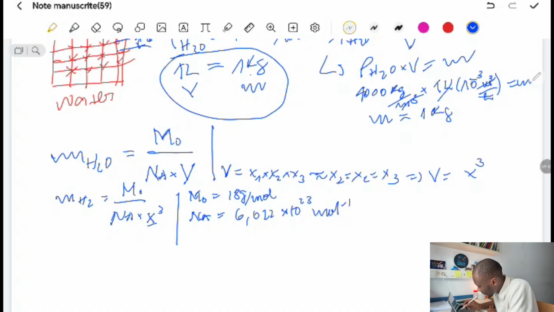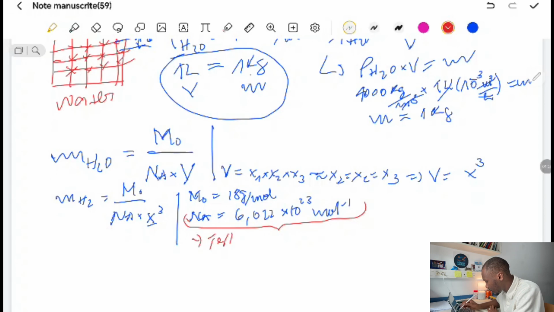Okay, a little discussion about the Avogadro number. It tells us the number of particles contained in 1 mole of substance.